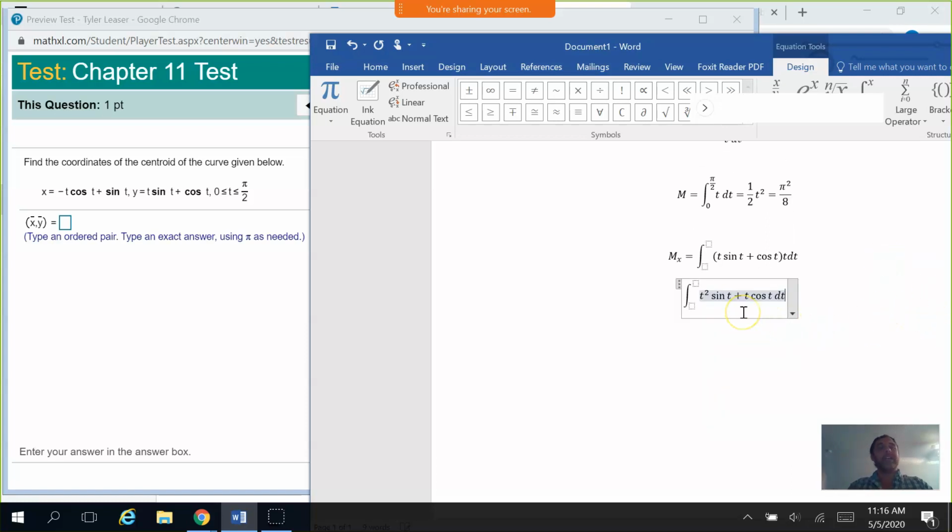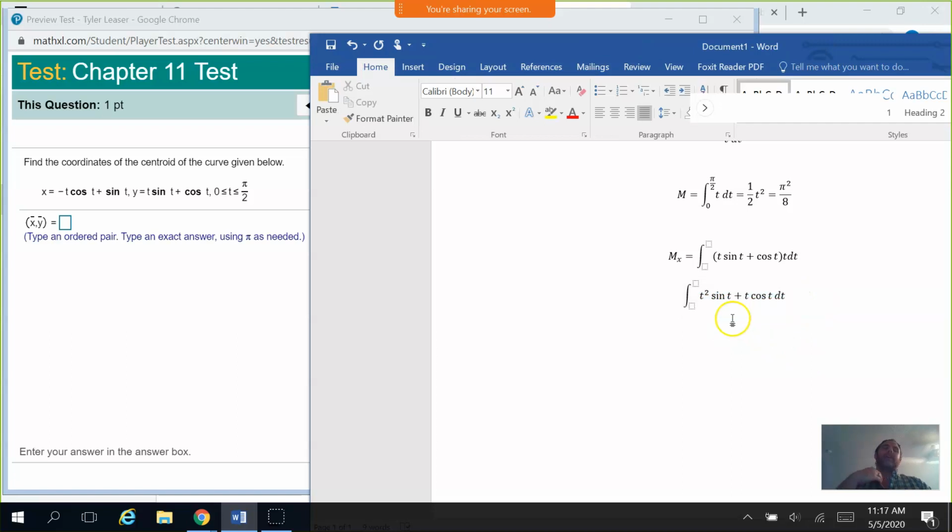And then from here, you could either split this up into two separate integrals and do integration by parts separately, or you could try to do an integration by parts on the whole thing, but it's awful and I wouldn't do it that way. So unfortunately, it just takes a minute and you do integration by parts.